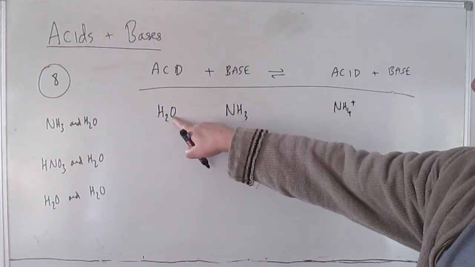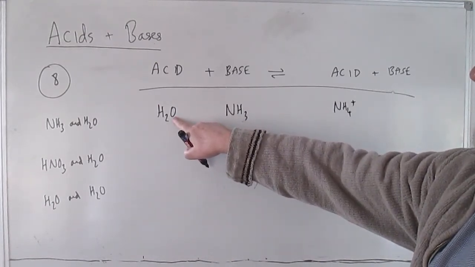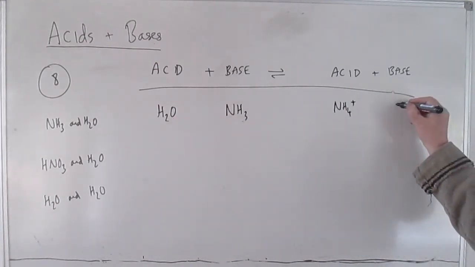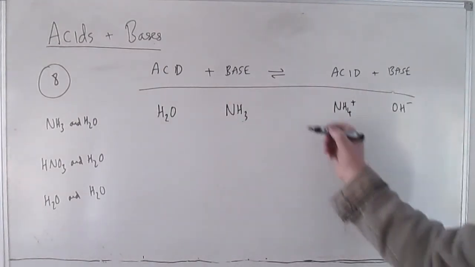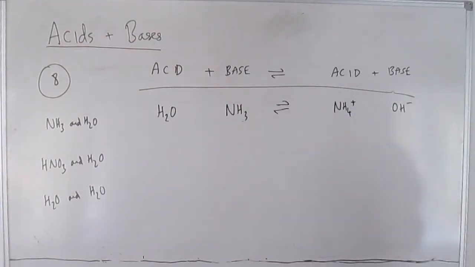So water has here functioned as an acid, given up a proton, and of course what it leaves behind is OH-, and as we know, OH- can act as a base, grabbing H+ and going back that way. So that's a reaction that you already knew, because we've already used that equation in the past to explain why aqueous ammonia is alkaline. But now you can see that it fits in very nicely with the Bronsted-Lowry definition.